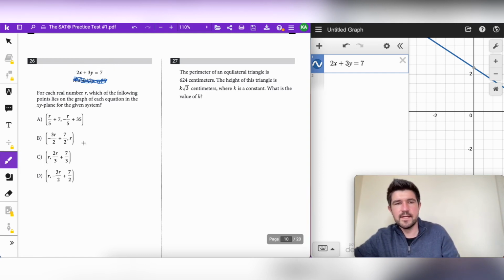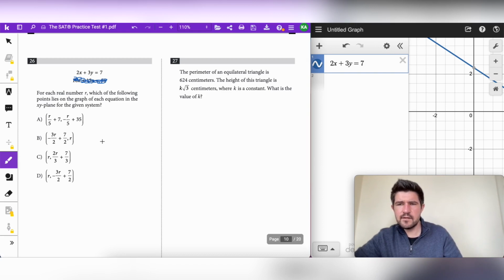Now it says, for each real number r, which of the following points lies on the graph of this one equation in the xy plane? So how could we figure this out? Well, let's play around with it and see what we can come up with. It should work for any value of r, of course.